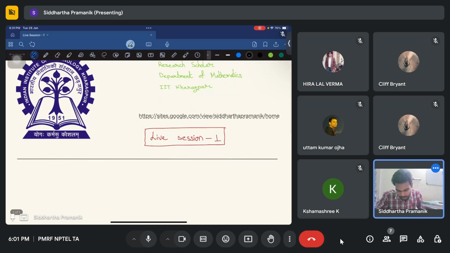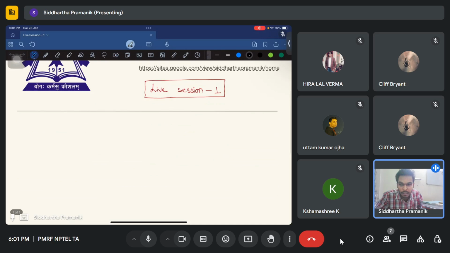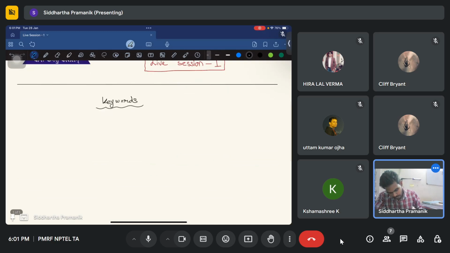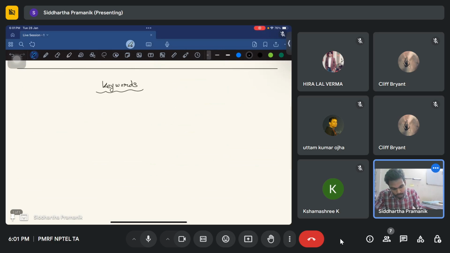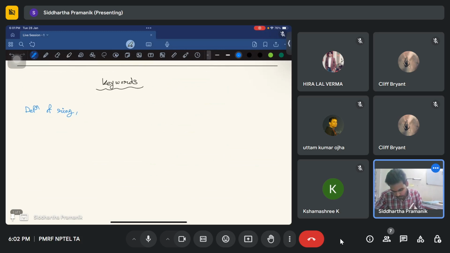Before starting to solve the problems, let me mention some keywords of week 1. Basically we started with the definition of ring. Then we saw some examples. Then the professor defined subrings.